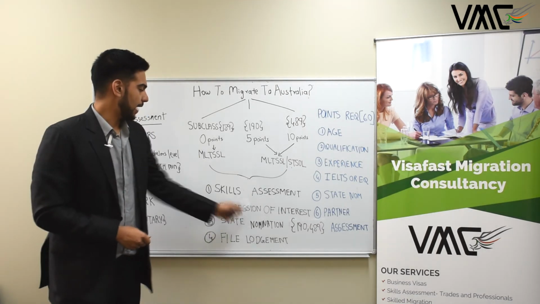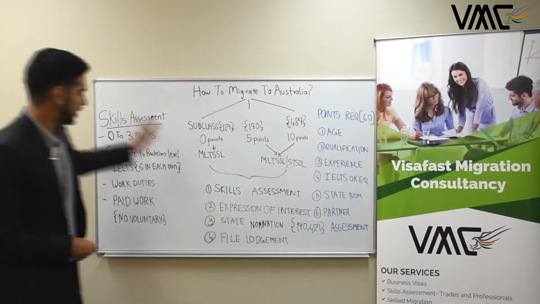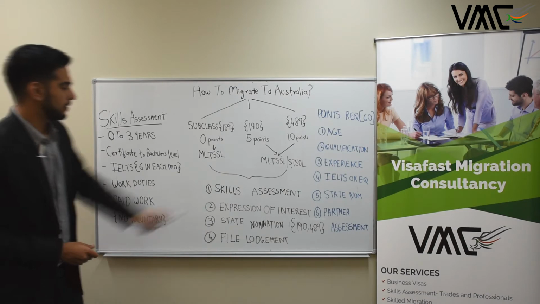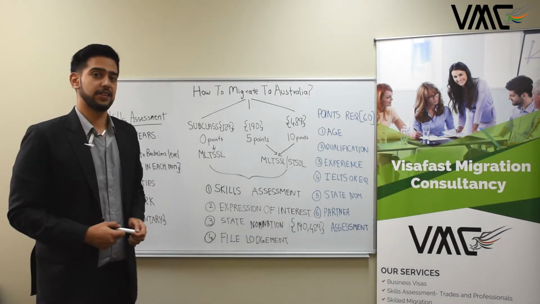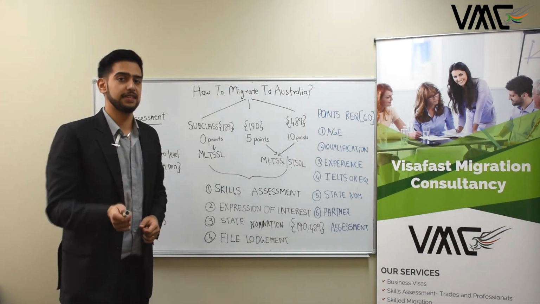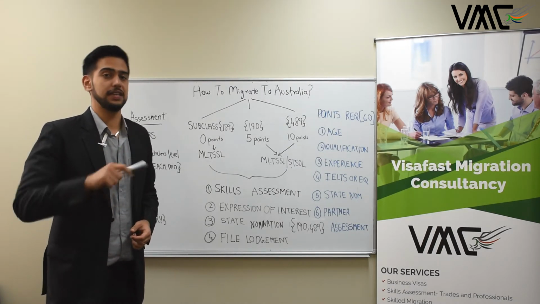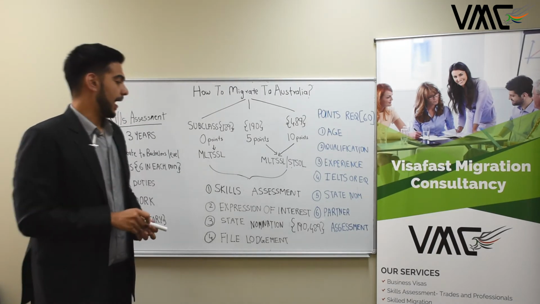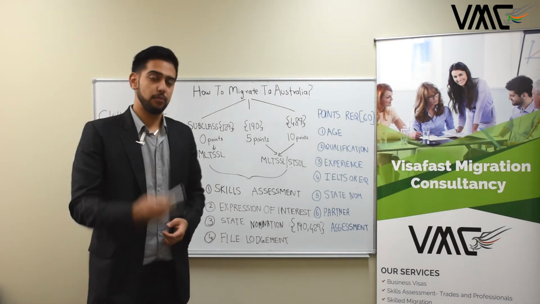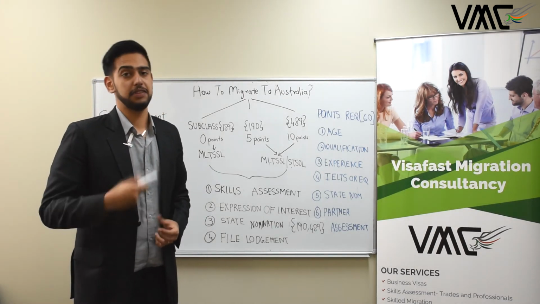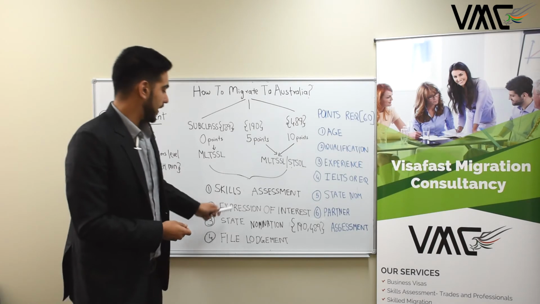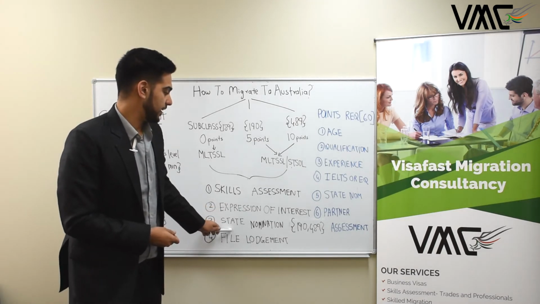The second step, after skill assessment, is expression of interest. You send an expression of interest to the Australian government or the different states saying you would like to apply for PR, and they reply with an invitation if you meet the eligibility. After this, you apply for state nomination.